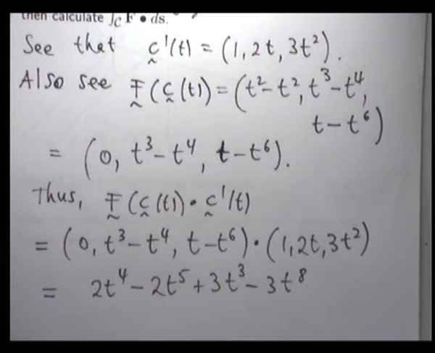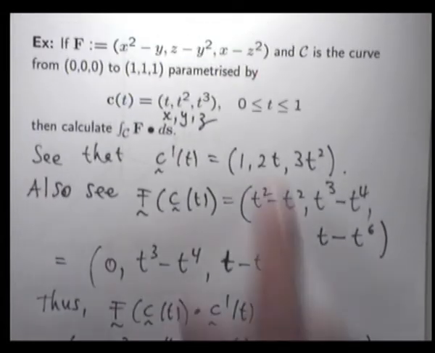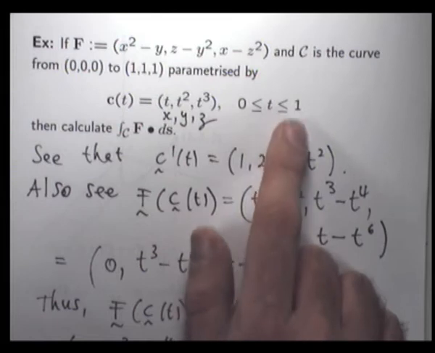Okay, so it's quite simple now. We've done the computation. All we do is take this function and integrate it on the interval of interest. In this case, we'll integrate from 0 to 1.